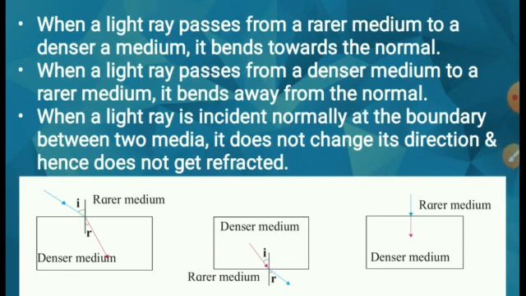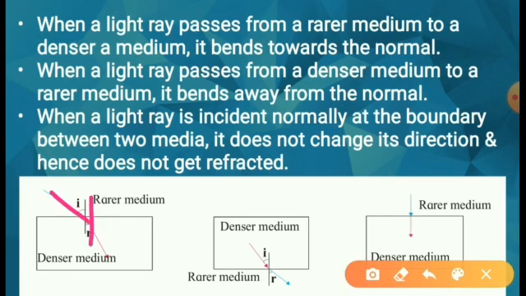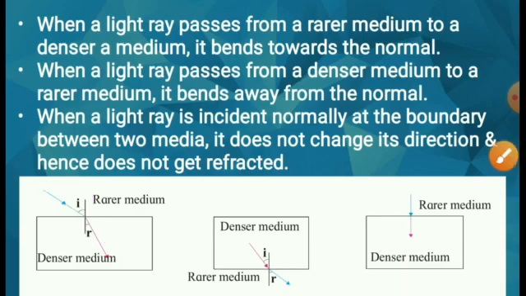When a light ray passes from a rarer medium to a denser medium, it bends towards the normal. See, this is the normal, this is the rarer medium and this is the denser medium. It bends towards the normal. When a light ray passes from a denser medium to a rarer medium, it bends away from the normal.